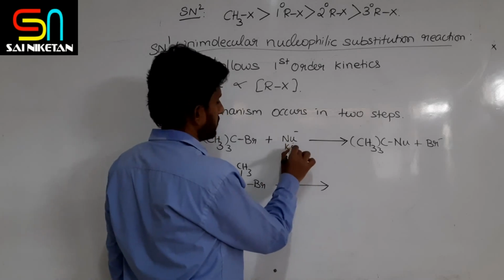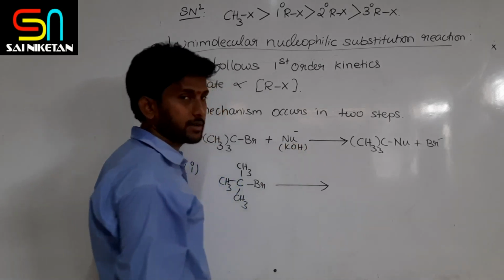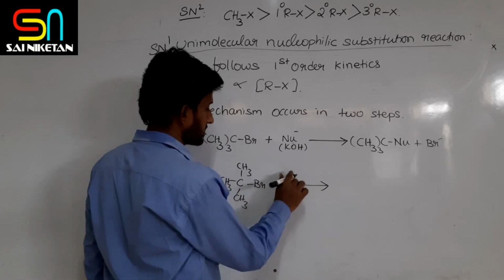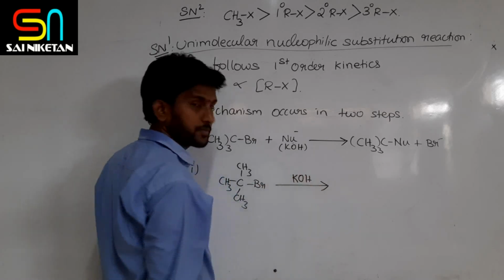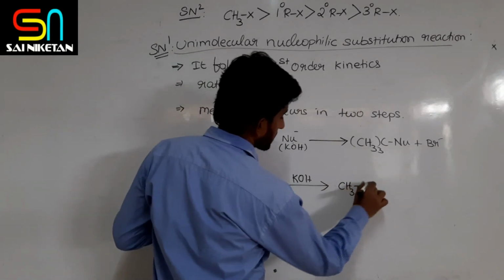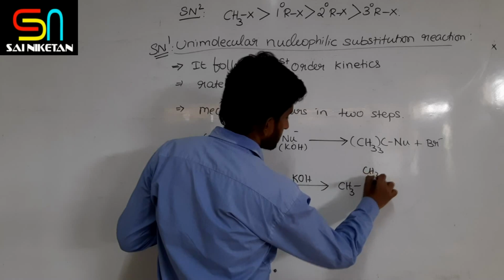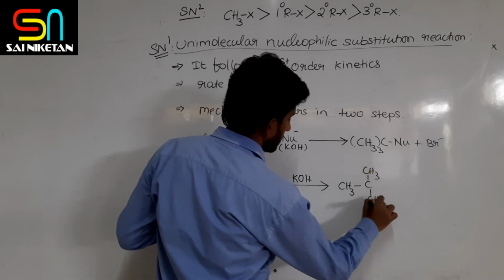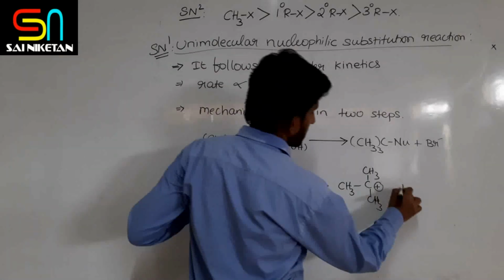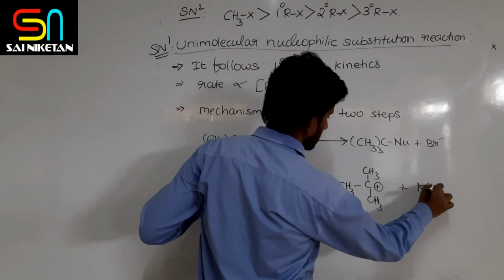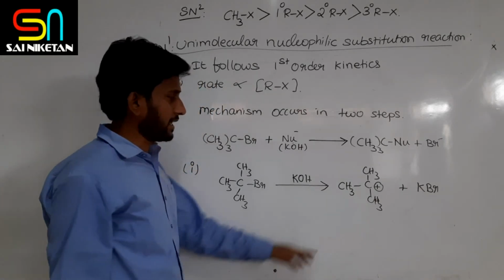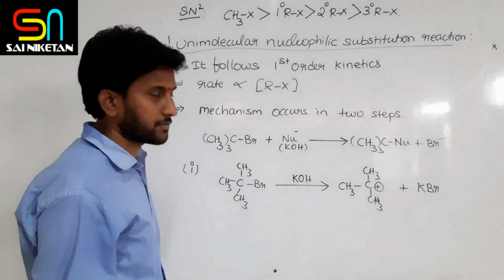Let us assume the nucleophile is KOH, then the K plus can take Br minus, giving (CH3)3C plus and KBr. First step is a cation is formed, a carbocation.